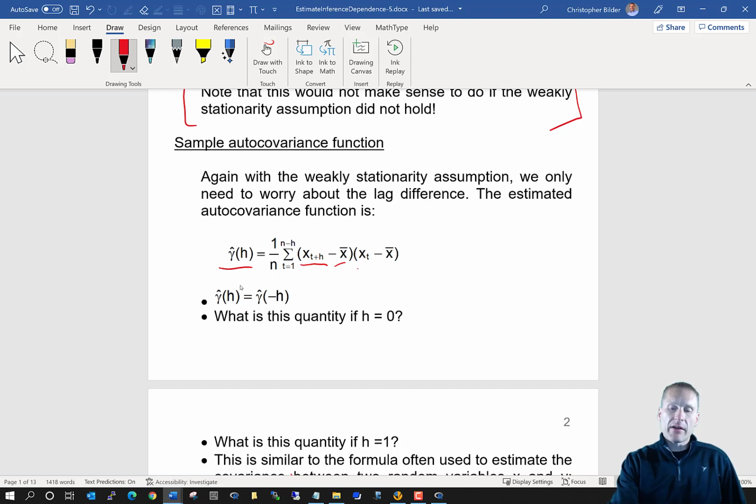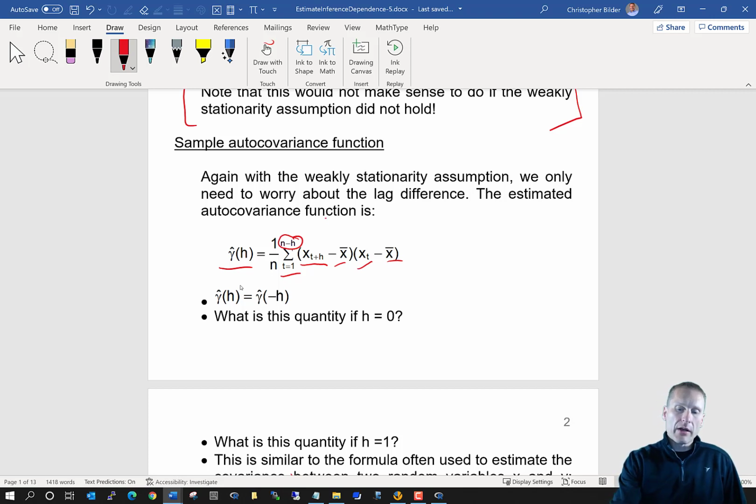Take that quantity times x of t minus x bar. This product is very similar to what you just saw in the regular covariance expression. We're going to sum from t equal 1 to n minus h, and take this all times 1 over n. That's our sample autocovariance function.